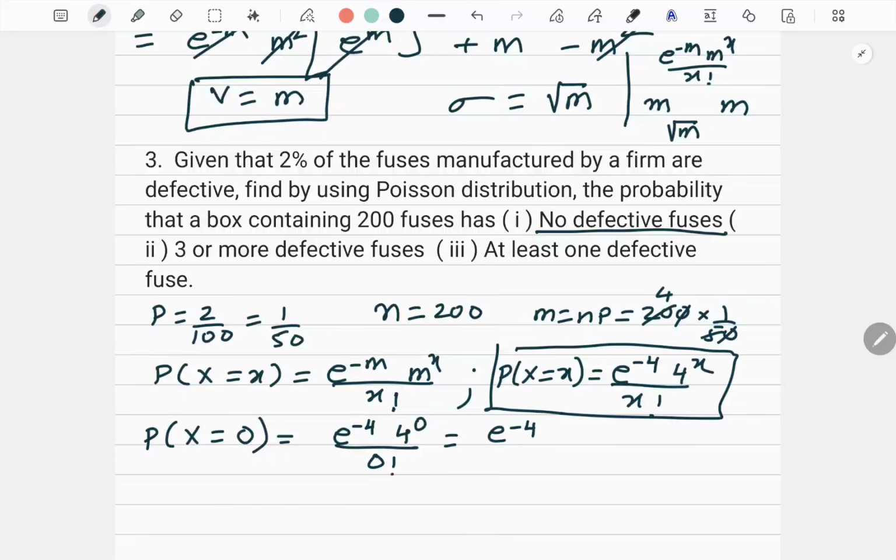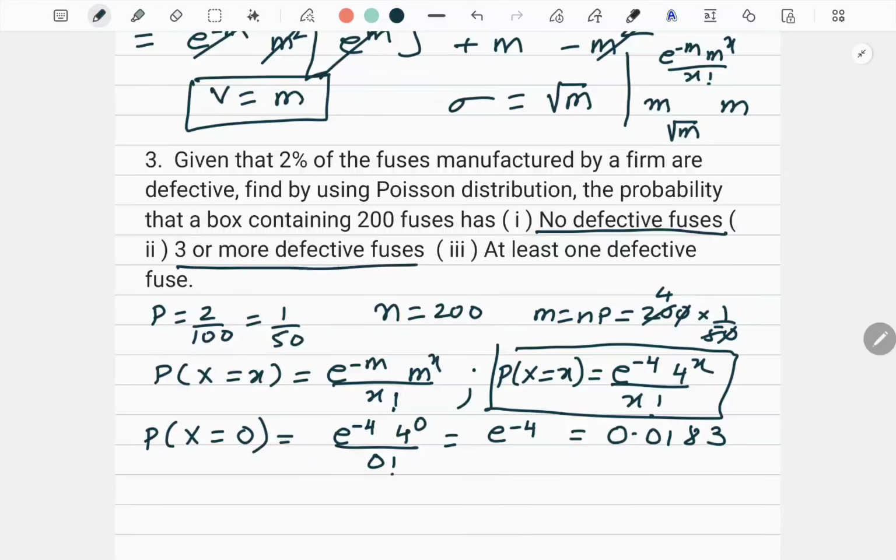Now all of you have a calculator. So you can use your calculator and evaluate the value of e to the power minus 4. You can use shift along with ln so that you will get e to the power minus 4. Right? So this is how you have to calculate. Now this value, if you observe, it is 0.0183.